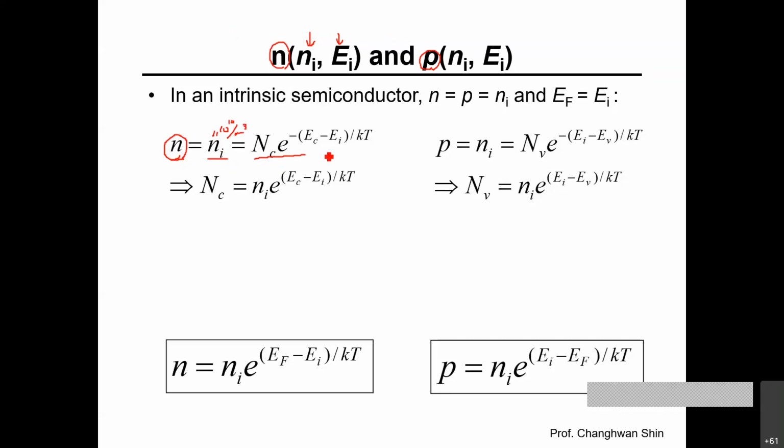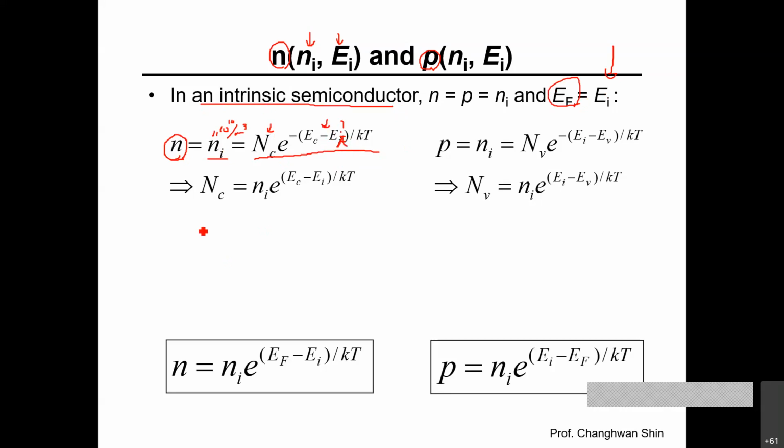And we can rewrite it with the effective density of states and the conduction band minus E sub i. Previously, we used E sub F. Now we are talking about the intrinsic semiconductor material, so instead of E F, we can use E sub i.